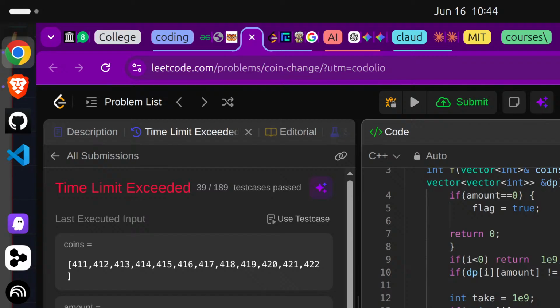And then we can do dp of I comma amount like this, right?